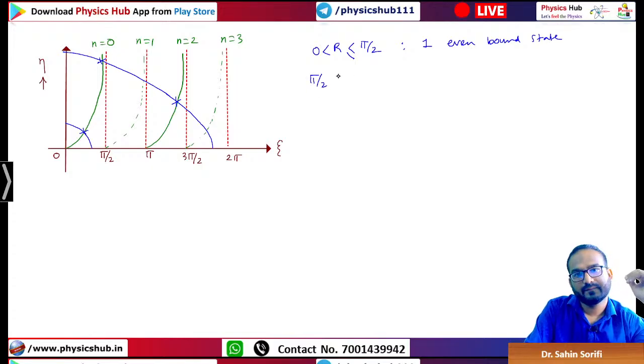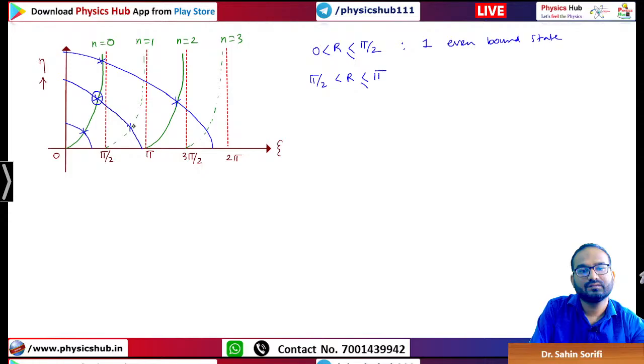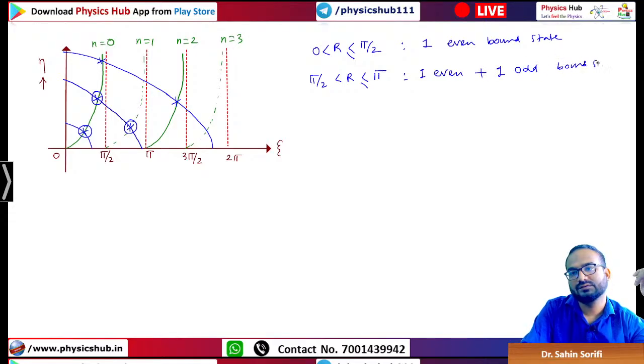Let's say between pi by 2 to pi, it is cutting at one even and one odd. So it has one even solution and one odd bound state.